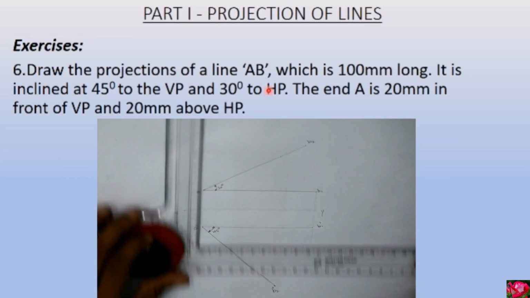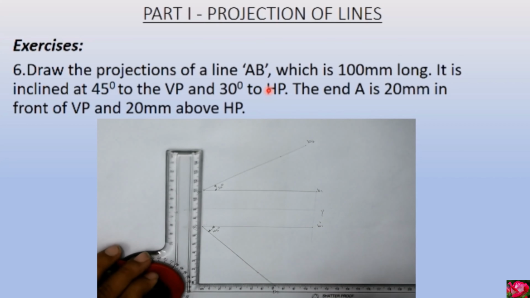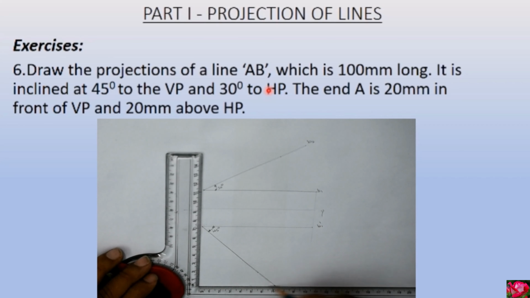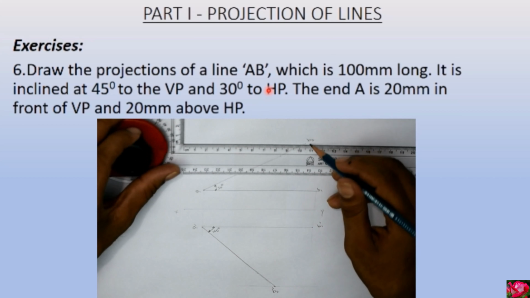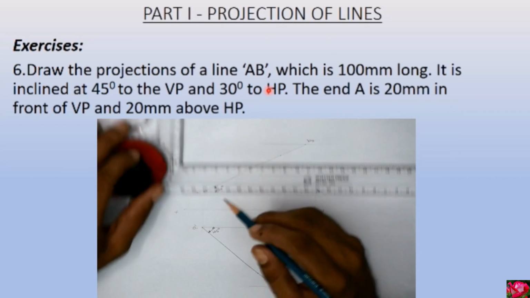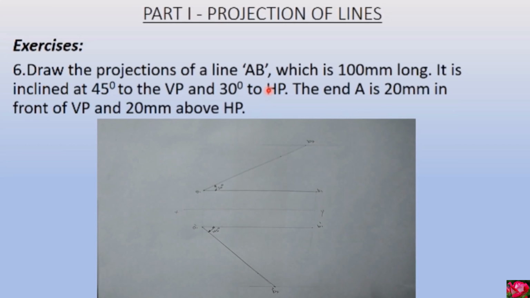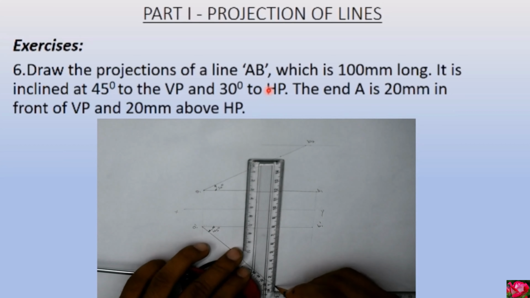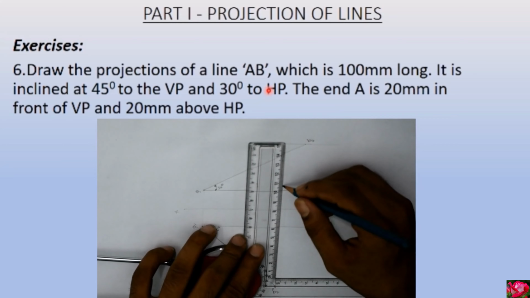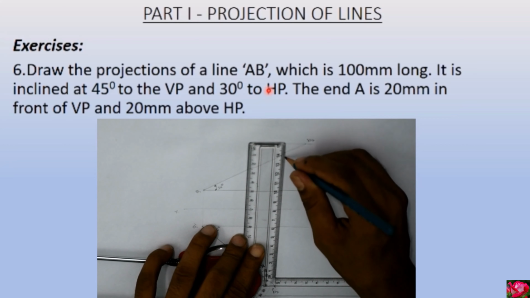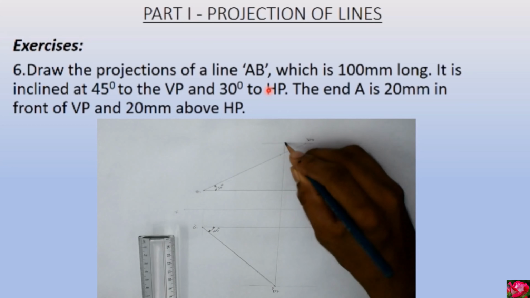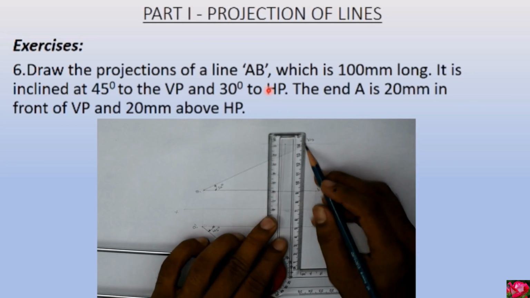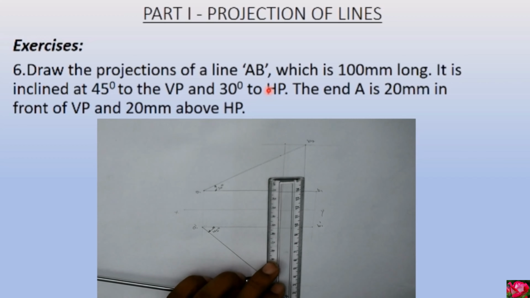To get the final answer, what I will do is draw a line here at the maximum point at 45 degrees, and at this point also, after taking the maximum angle of 30 degrees. Now I will project this line towards this end, and from above this also I will project these lines.